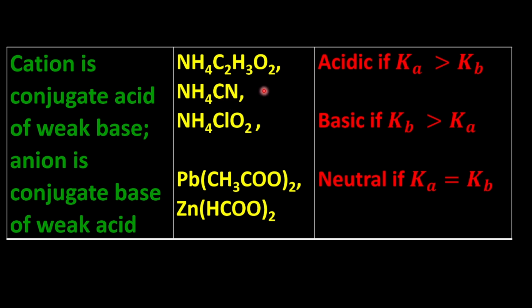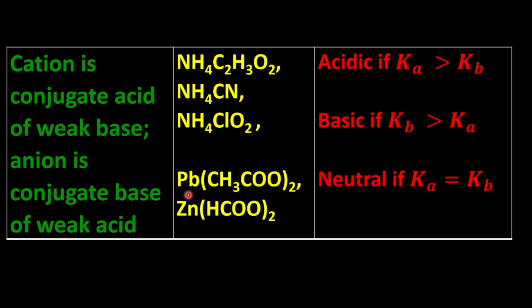How do we determine whether it is acidic, basic, or neutral? With these examples, what you have to do is consider if Ka is greater than Kb, that is, the acid dissociation constant is greater than the base dissociation constant. If you have Ka equal to Kb, then we say it is neutral. So take note of that.